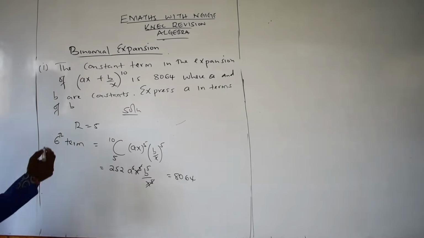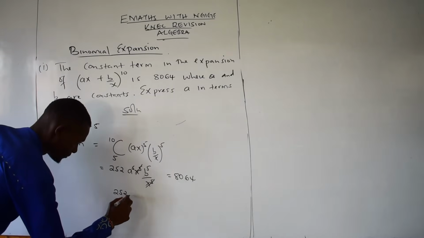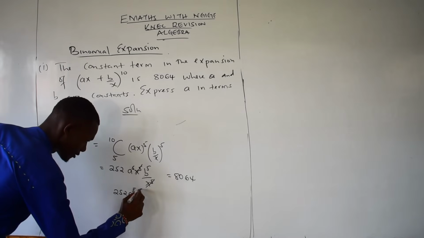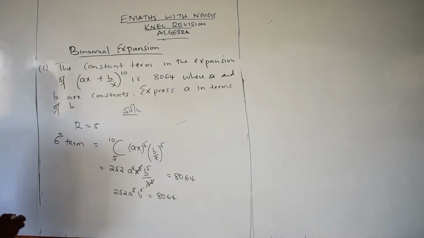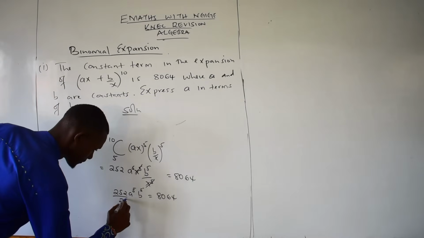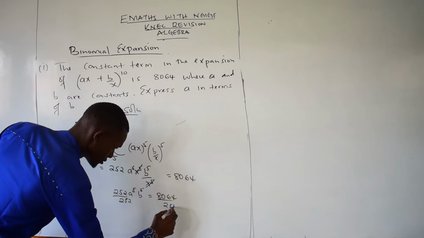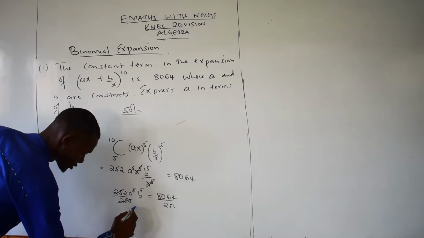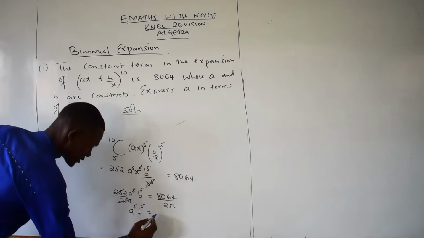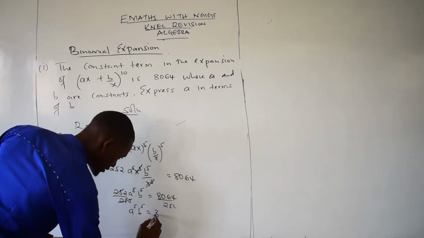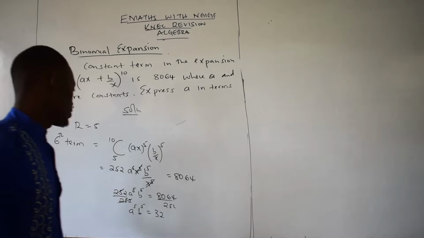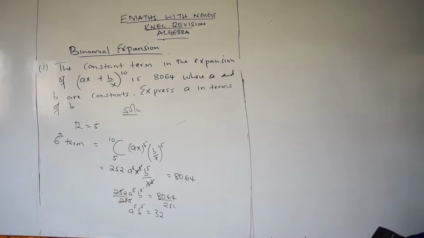So therefore we have 252 a to power 5 b to power 5 equals 8064. Then divide by 252. We have a to power 5 b to power 5 equals 8064 divided by 252, which gives you 32. Remember, in short, what we're trying to do is to make a the subject of the formula.